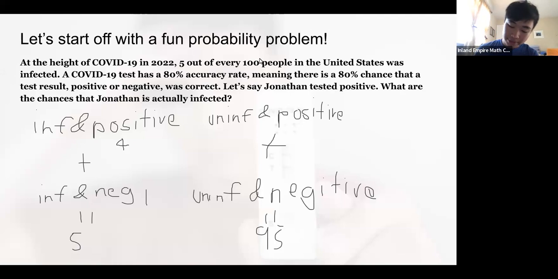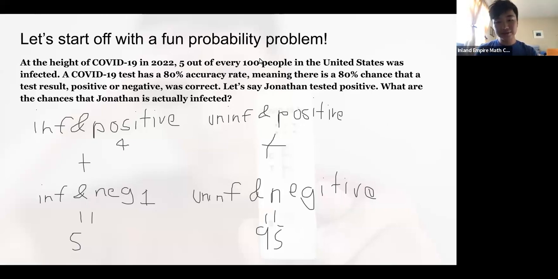However, we can also look at the uninfected and positive. If there is an uninfected person, then there's an 80% chance that they will test negative. That means 4 out of 5 times 95. So 80% of these 95 people, 4 out of every 5, is going to test negative.